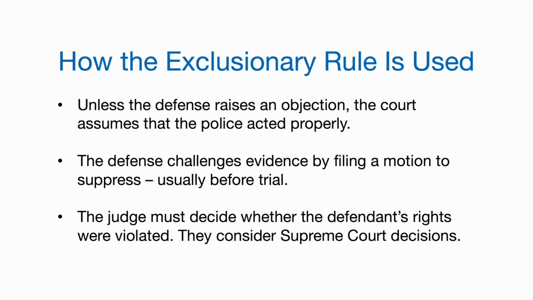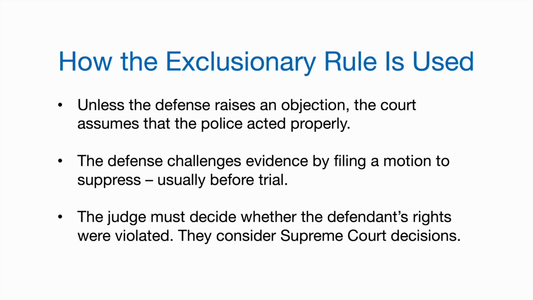So how does the exclusionary rule get used? The court's going to assume that the police followed the rules and acted properly unless the defense raises an objection. The defense usually challenges evidence by filing a motion to suppress, and that's usually done before trial.